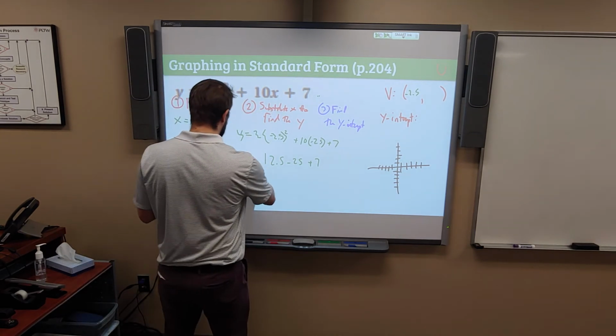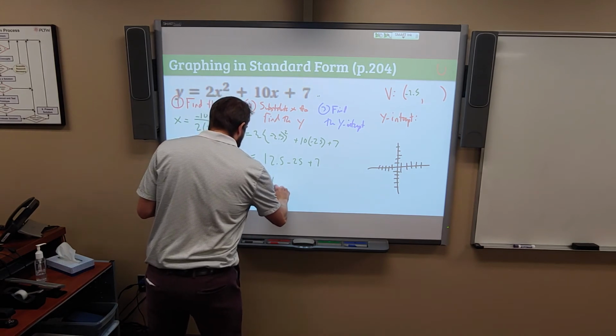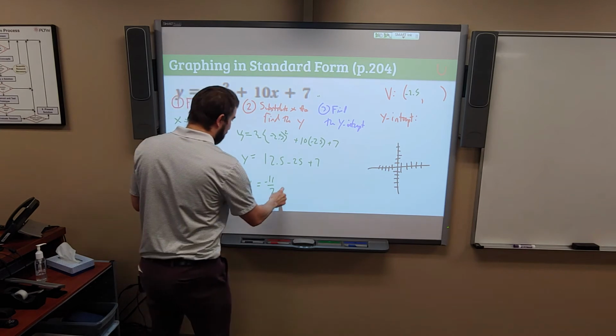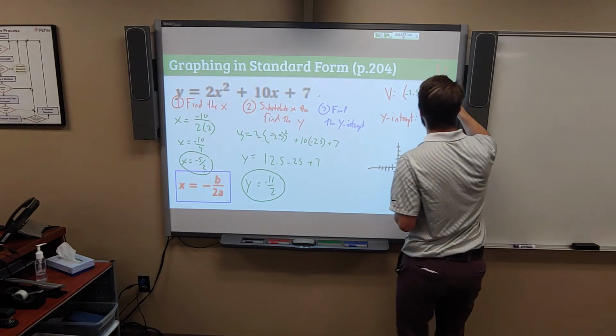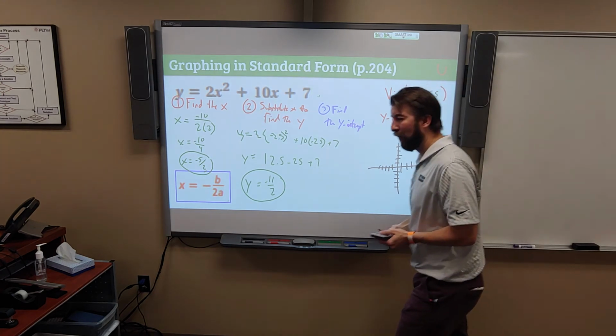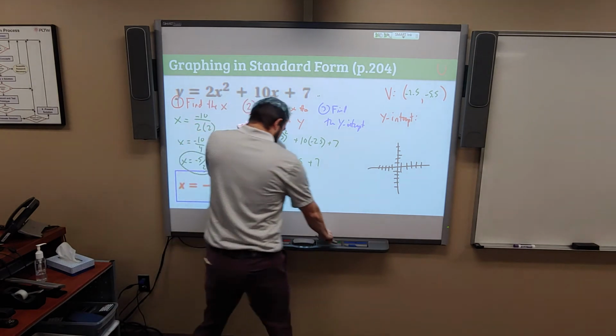Oh, that's y equals. So y equals -11/2, or that could be written as -5.5. All right, -5.5. Now, I have my vertex.